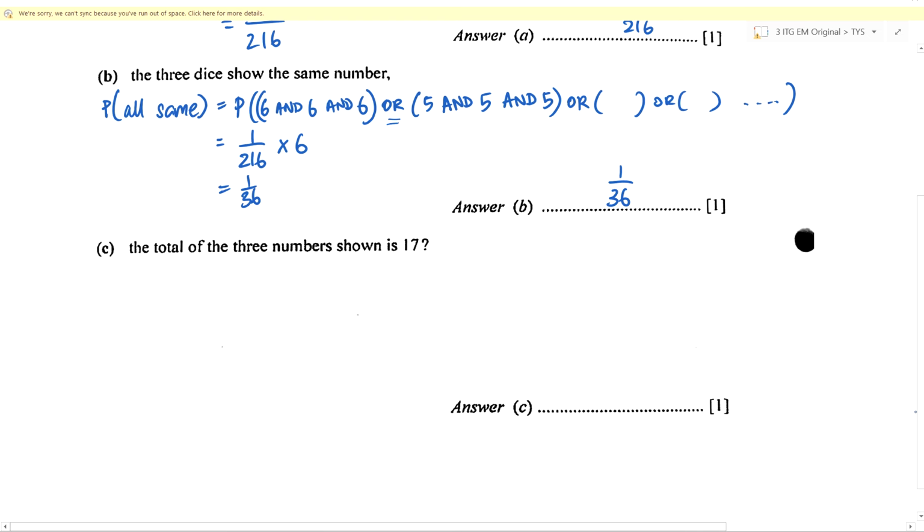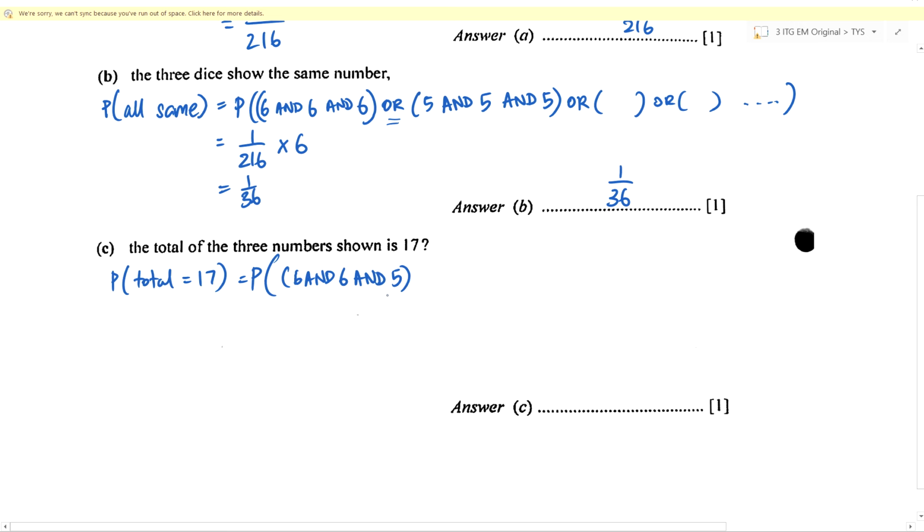Finally, the last one, total of these numbers shown is 17. When does this happen? Probability total equals 17. Okay, first case. What can you think of as the first case? 665, 6, 6, okay. 6 and 5.